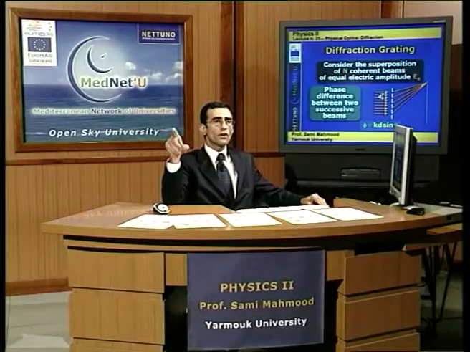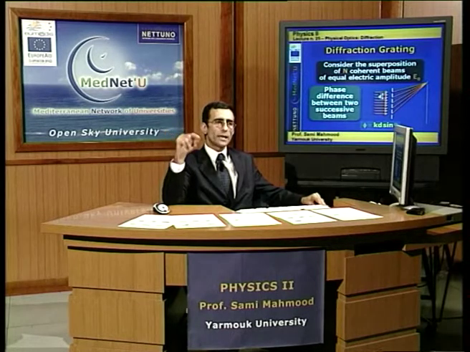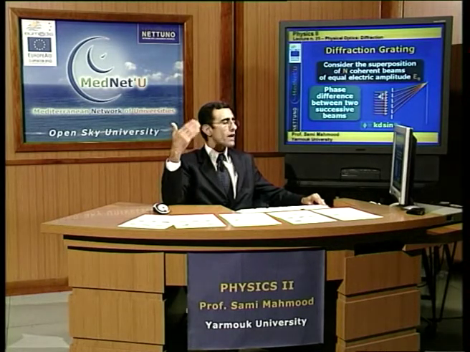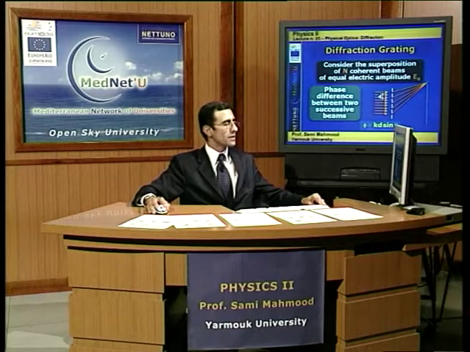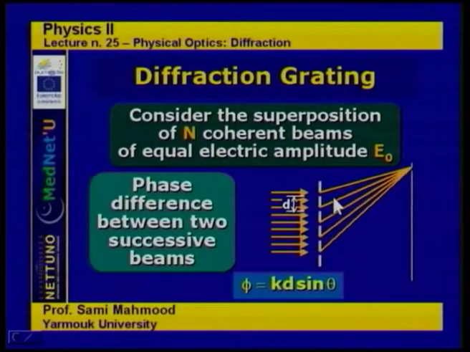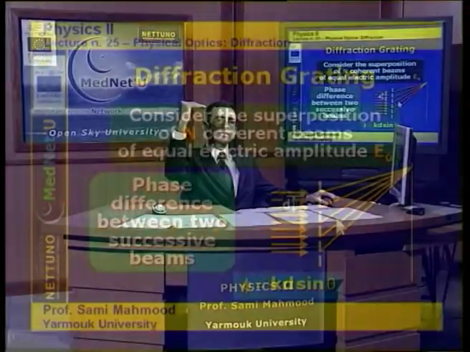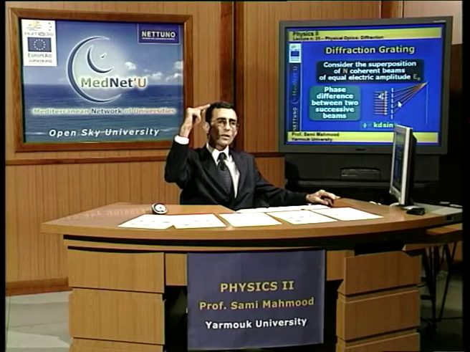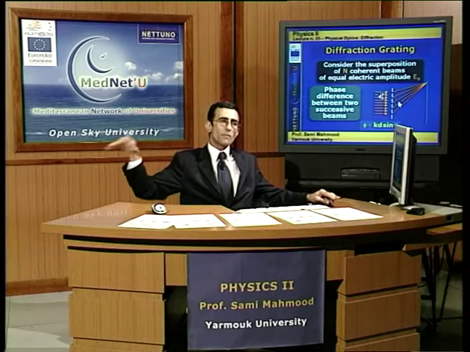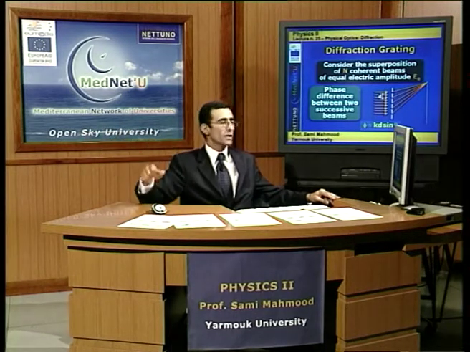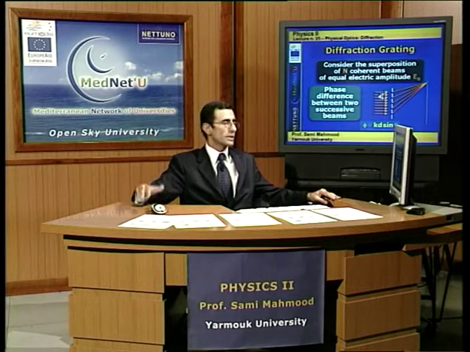In order to convert the optical path difference into an angular phase difference, we have to multiply by k. So phi equals kd times sine theta is the phase difference between two successive beams. That means the first beam and the third beam have twice this much, 2 kd sine theta. The first beam and the fourth beam have 3 kd sine theta, and so on. This way we can get the phase difference between any beam and any other beam emerging from any other slit.